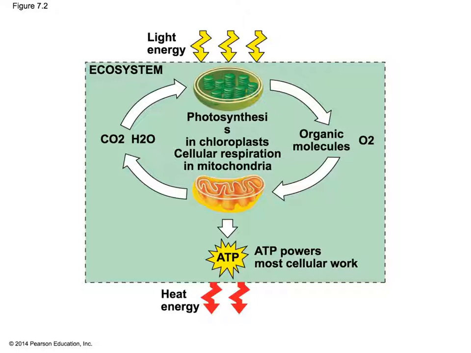Okay? So we're going to change the organic molecules into ATP. And then where does energy leave the ecosystem? Eventually in the form of heat. Okay? Otherwise, it gets cycled through.